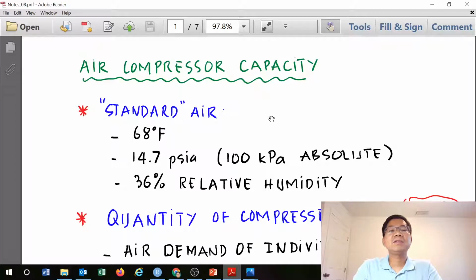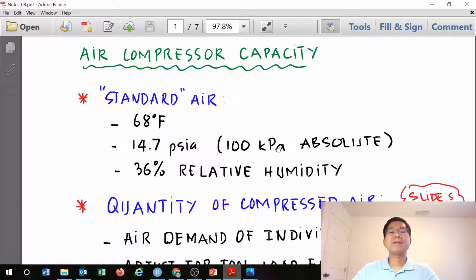Standard air is defined as a temperature of 68 degrees Fahrenheit, so 20 degrees Celsius, at a pressure of 14.7 psi, pounds per square inch absolute, the A standing for absolute, or in SI units, 100 kilopascal, kilonewton per meter squared, absolute. And the relative humidity is 36%. So those are the standard air conditions.